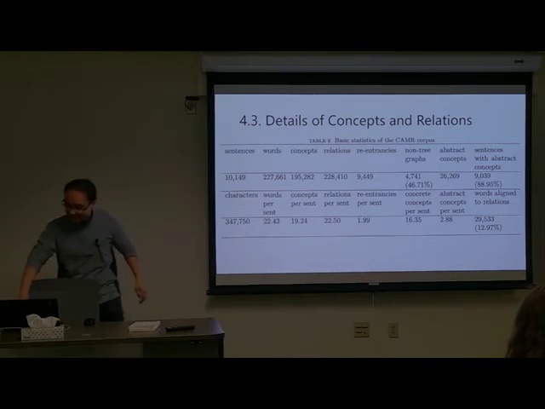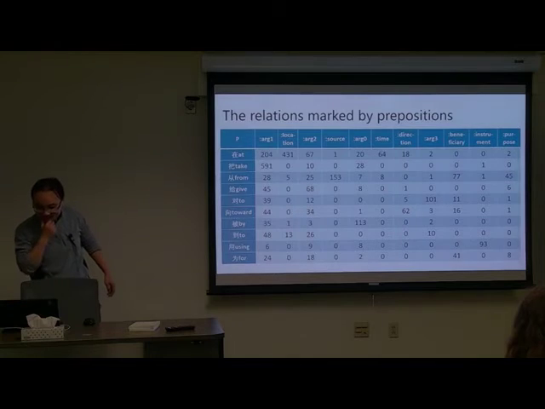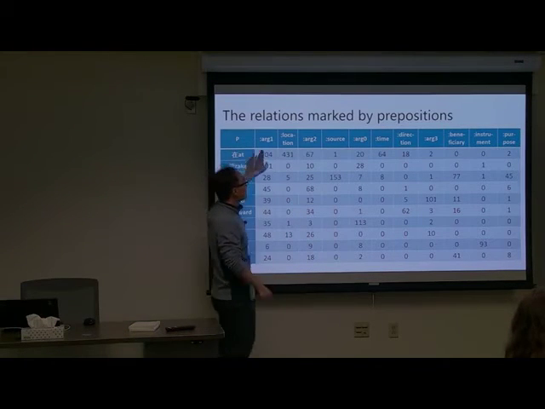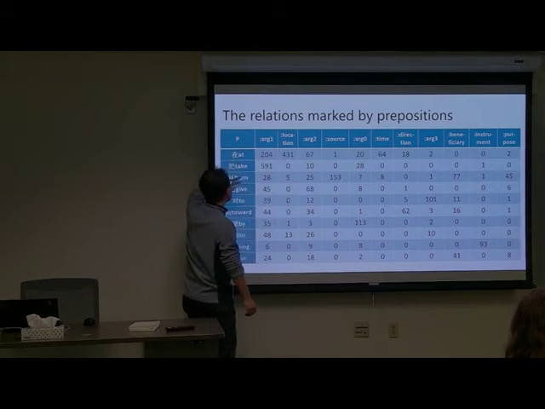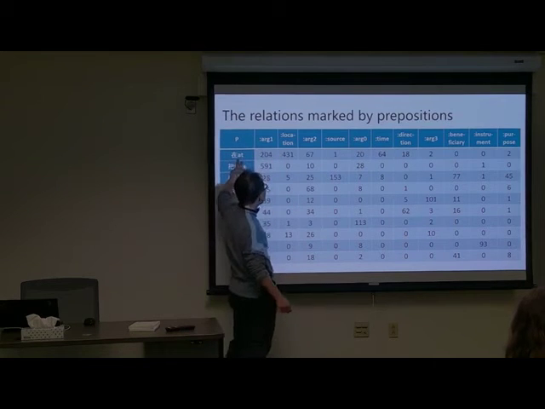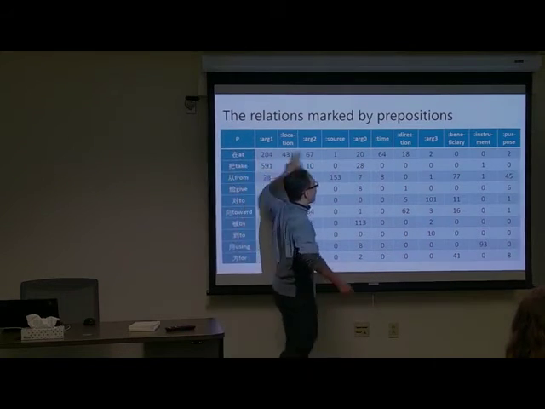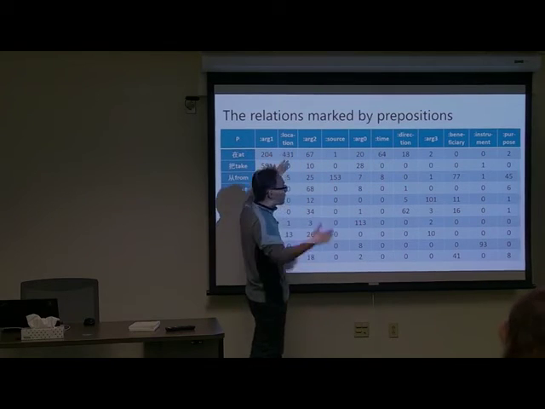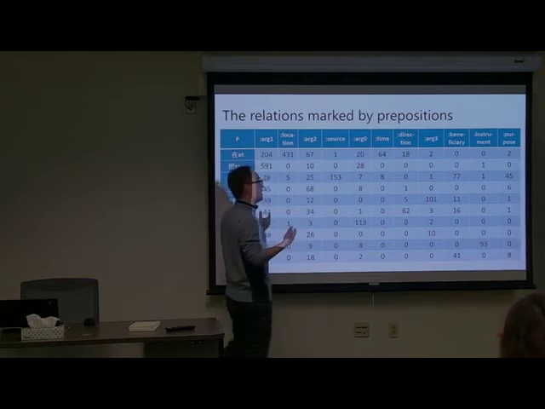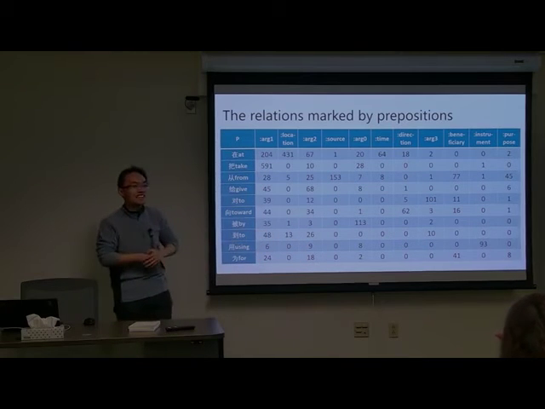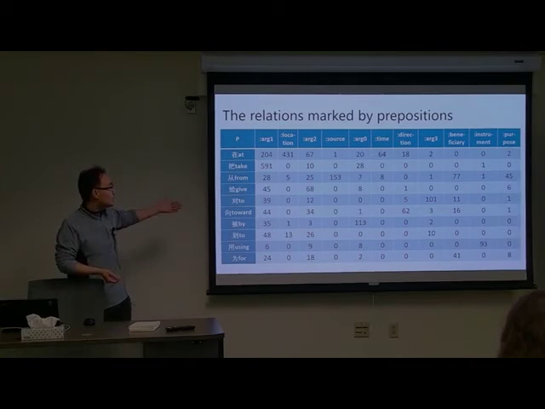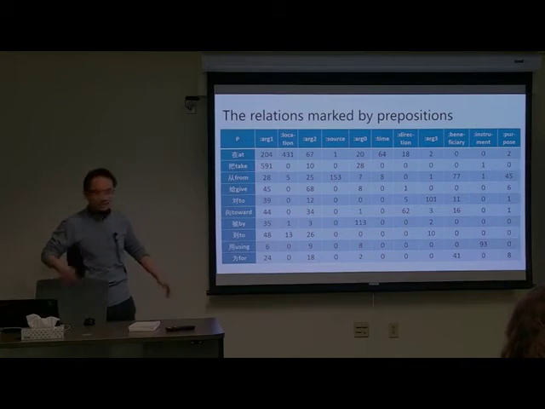We'll do it later. And here are the relations marked by the prepositions: for location it is "at", source maybe "from", time maybe "at". So in this way, we know the functions of the functional words. Why are they called functional words? Now we know much better, I think.